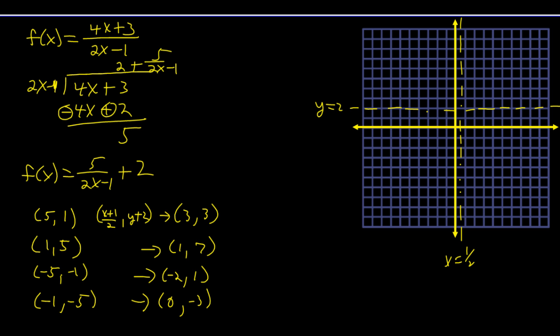So now let's graph our points. (3, 3), (1, 7), over 1 up 2, 3, 4, 5, 6, 7. And here we go. There's that half of it. Negative 2, 1, and 0, negative 3. So here goes that half.